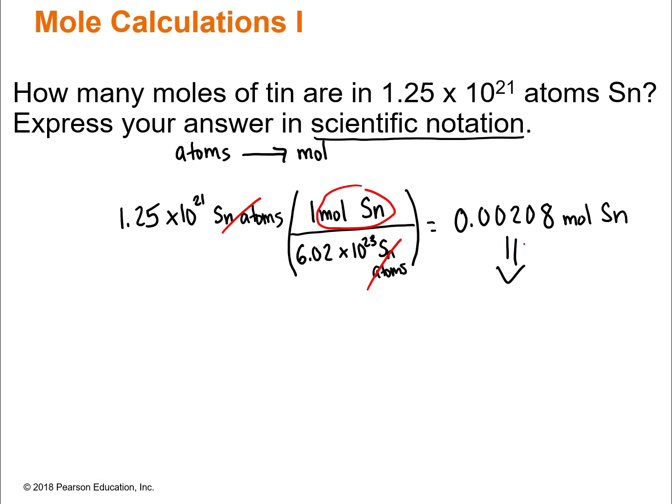So we've got a number that is smaller than 1, which means that we're moving our decimal point to the right. That's going to make our coefficient, which is at least 1 and less than 10.